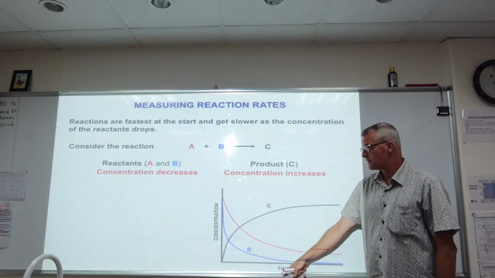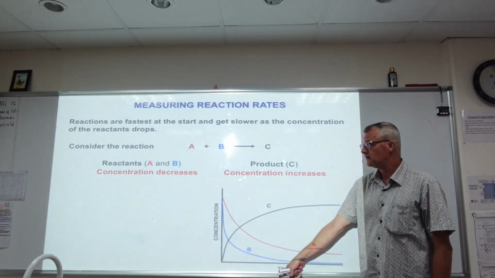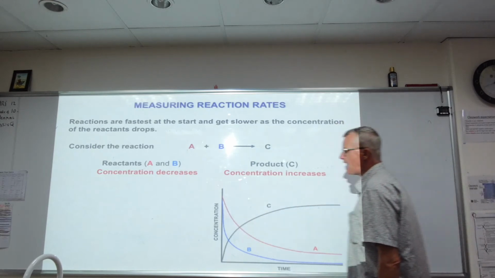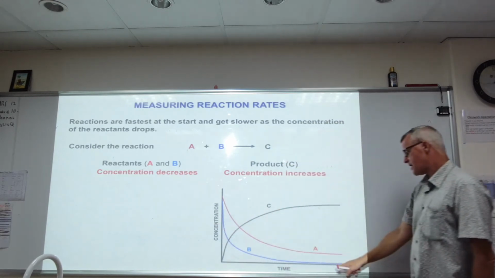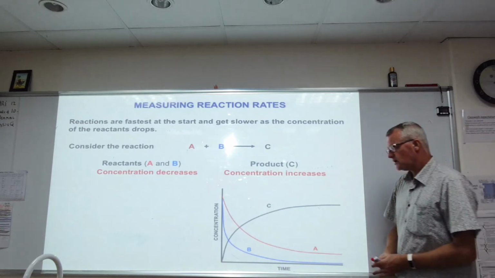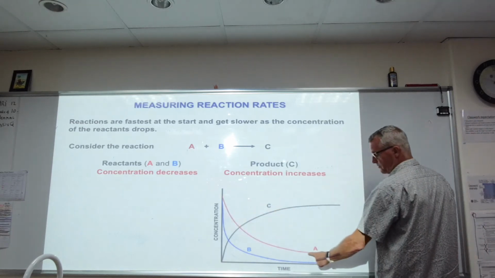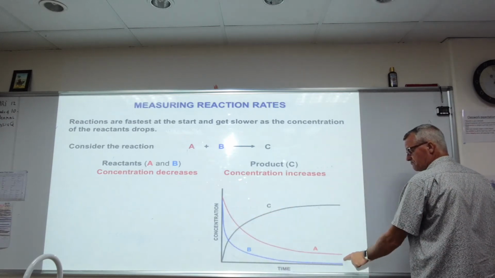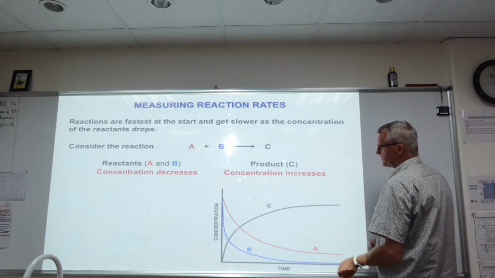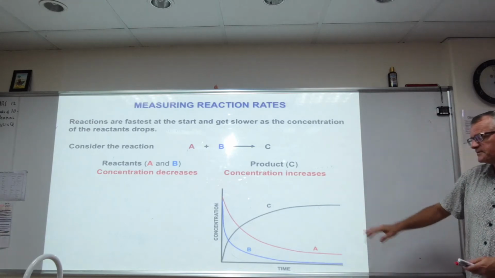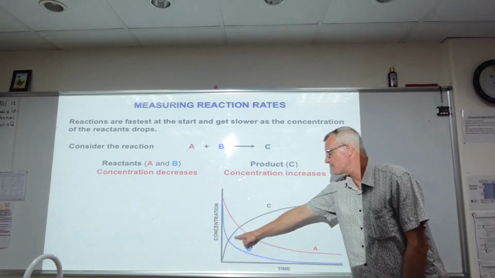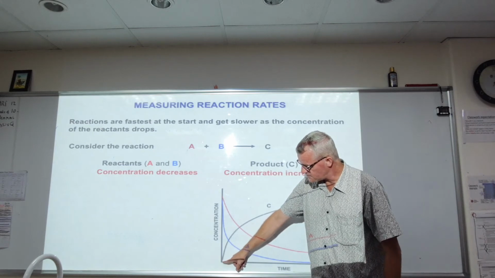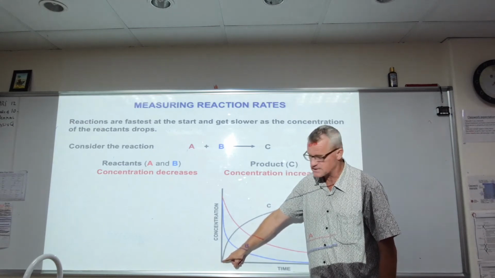Now, let's look closely at the colors, what is going to happen over the time. Please make a note of this, it is very important. These curves are very important. We have reactant A, and we have reactant B. A is going to be used up over the time. B is going to be used up over the time. And we have a little bit more of A, depends a little bit on the limiting reagent. And then we have the product here, C. And what is happening here? We have to look closely. You will see here that the curve is very steep.